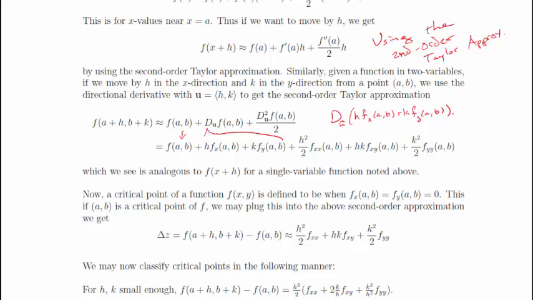Well, this is going to equal h times, actually, sorry, I'll write this, h times the partial derivative with respect to x of all of this plus k times the partial derivative with respect to y of all of this.